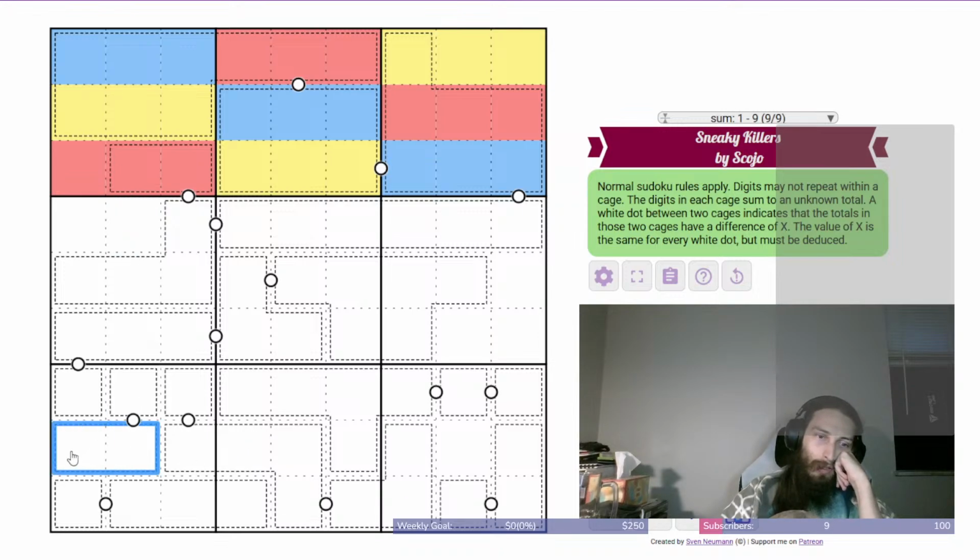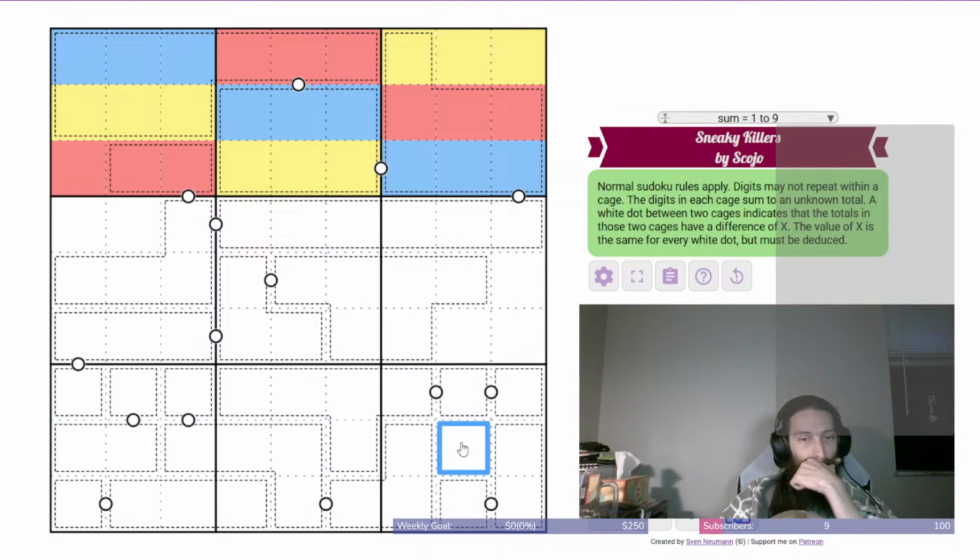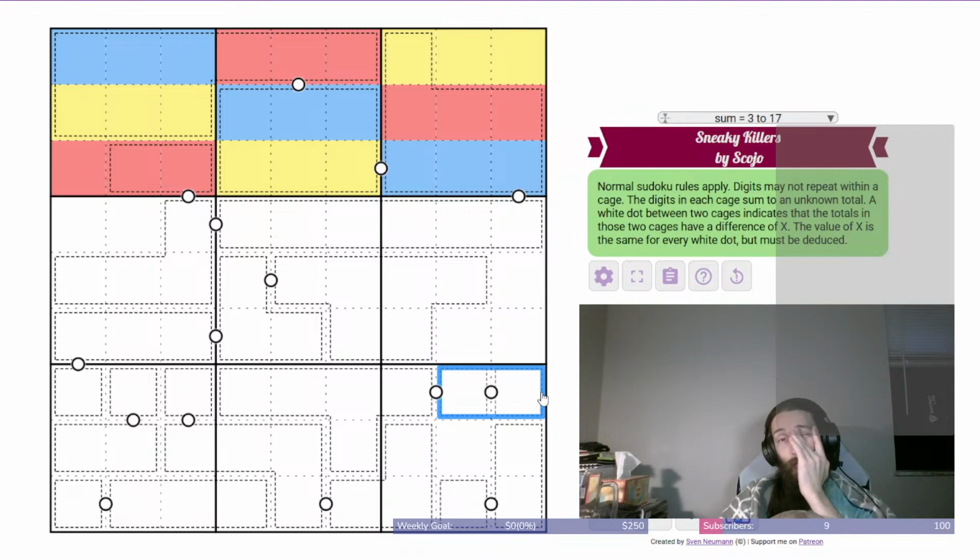Although, we've got some 1s to 17s, so the biggest difference is 16. Ah, but there's a 1-to-1. Oh, there is a 1-to-1. So the smallest difference is 6. The biggest difference is 8.